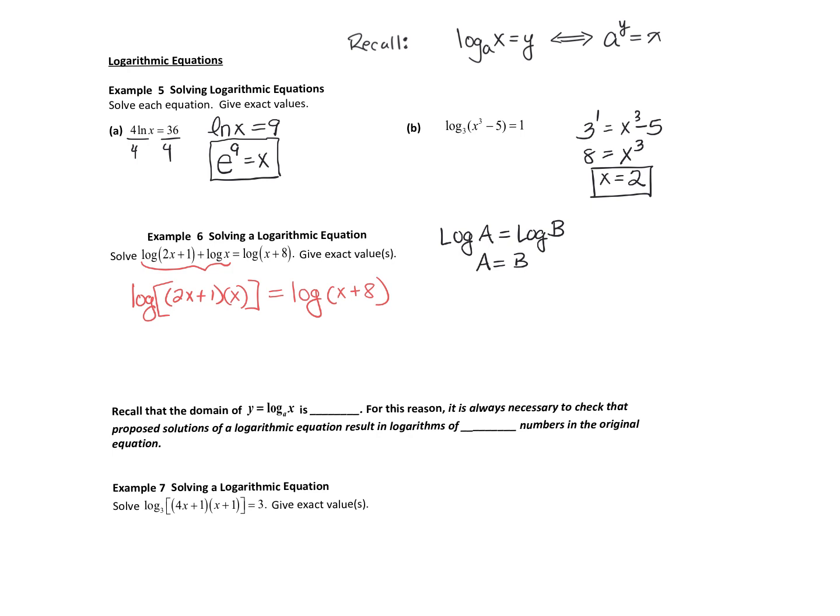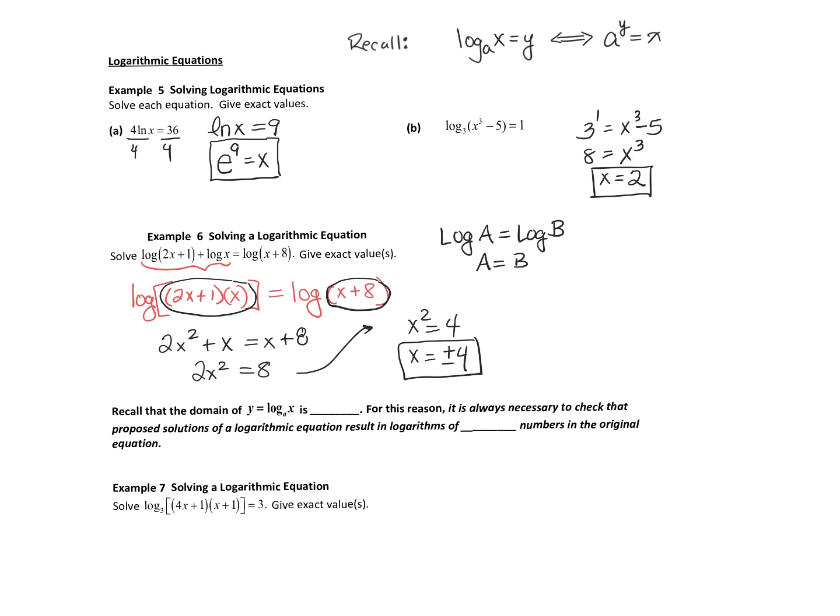So now that I have a log equal to a single log, I can say that this expression is equal to this expression. So we'll have 2x squared plus x equals x plus 8, or 2x squared equals 8, because the x's would subtract and go away. So now, dividing by 2, x squared equals 4, or x equals plus or minus 2.